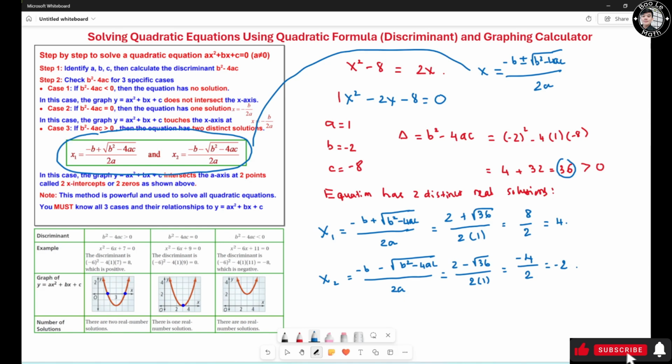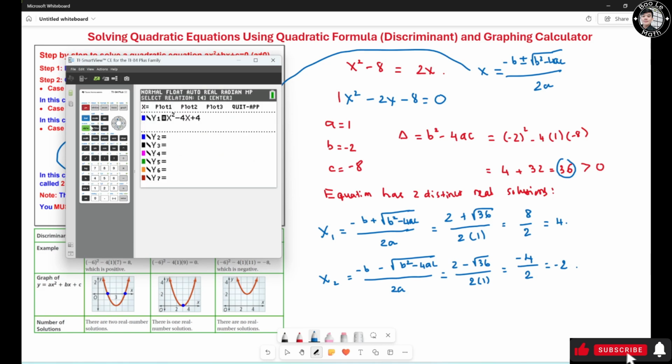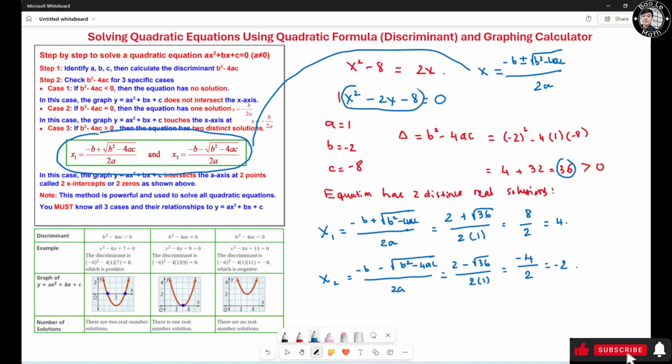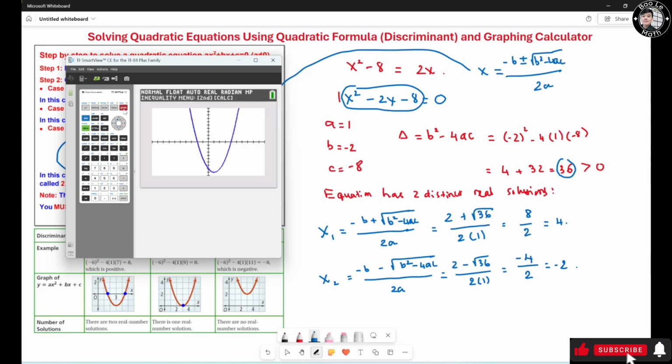Now we're going to use the calculator to check our answer. So we hit y equals, you need to input the quadratic function right here. Make sure the right-hand side equals 0, so keep that in mind. So s squared minus 2s minus 8. Hit graph. Alright, so you have two zeros right here.